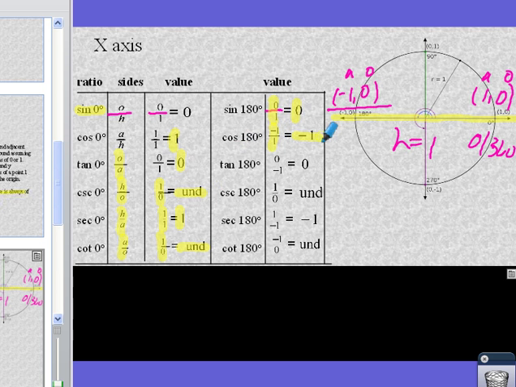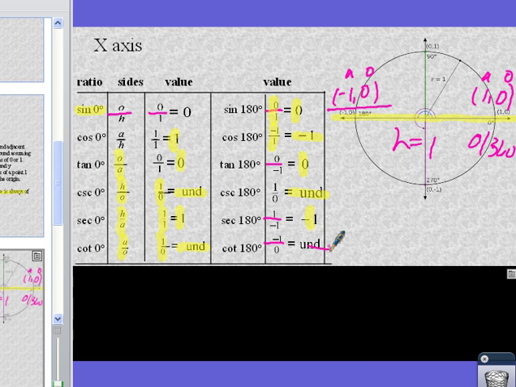Tangent is going to be 0 over negative 1, which is 0. Cosecant, hypotenuse over opposite, which is undefined again. Secant, hypotenuse over adjacent, which is negative 1. And then lastly, cotangent, adjacent over opposite, again undefined.